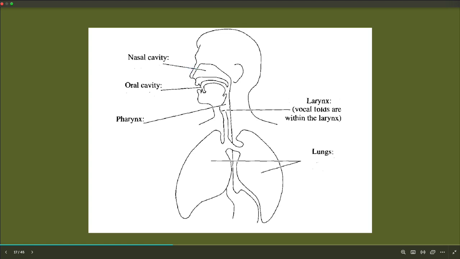Finally, the nasal cavity comes into play when producing nasal sounds like m, n, and ng in English. For these sounds, air flows through the nose instead of the mouth. You can feel this by pinching your nose, just like I'm doing right now, while saying ma.